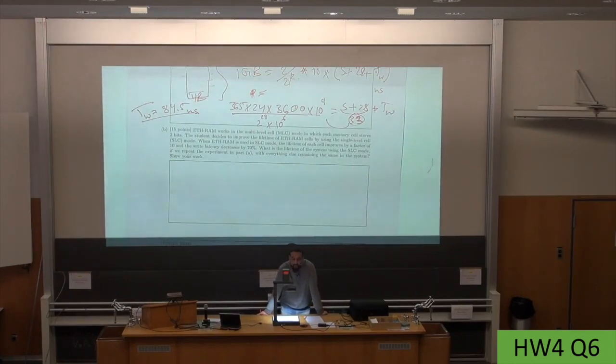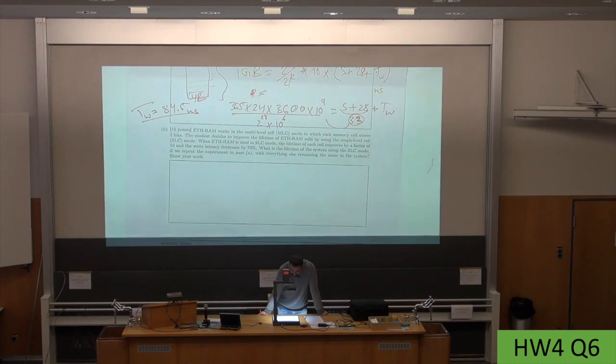So now you need to follow the exact same procedures, but you need to change a bit in the design to improve the lifetime of this DRAM, or sorry, the ETH RAM. So basically they assume that the previous design has 2 bits in each cell, and now they will reduce it to 1 bit.